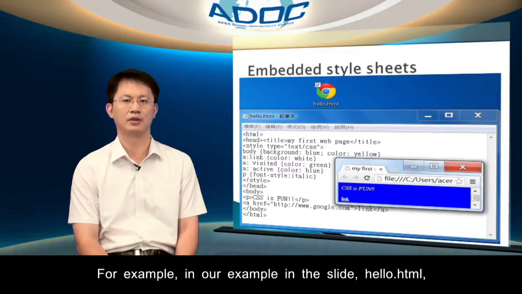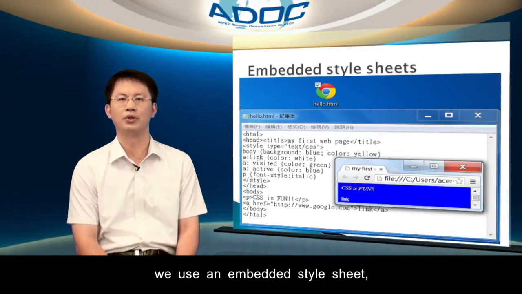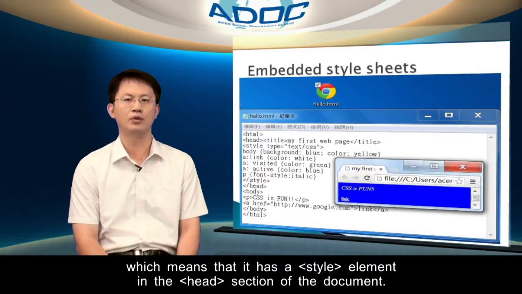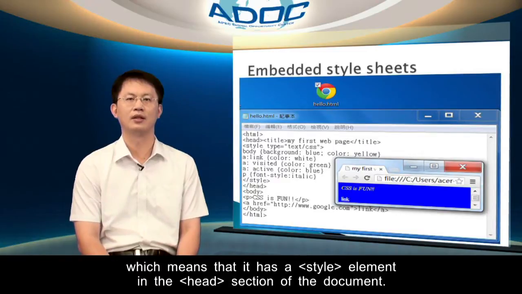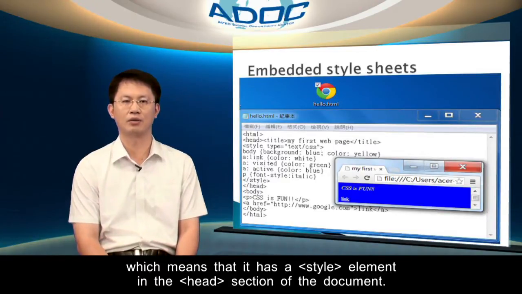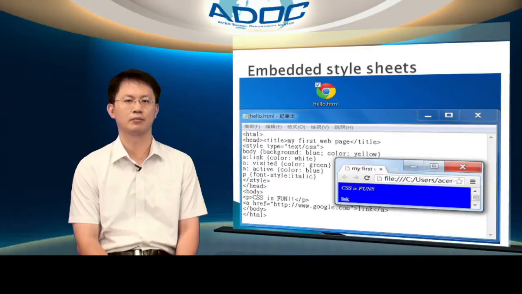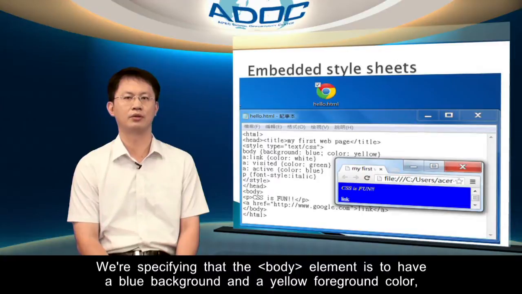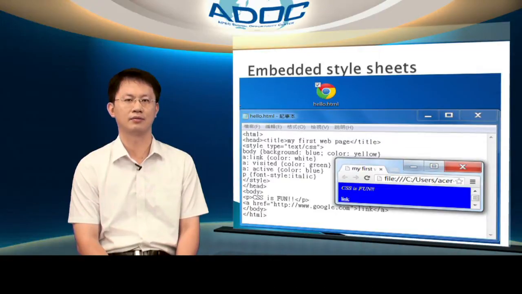For example, in our example in the slides, hello.html, we use an embedded style sheet, which means that it has a style element in the head section of the document. We are specifying that the body element is to have a blue background and a yellow foreground color.